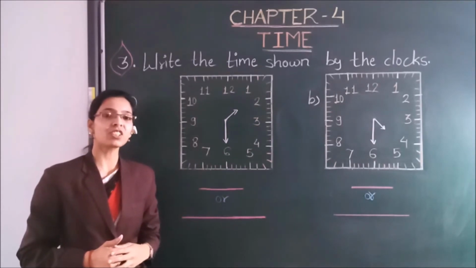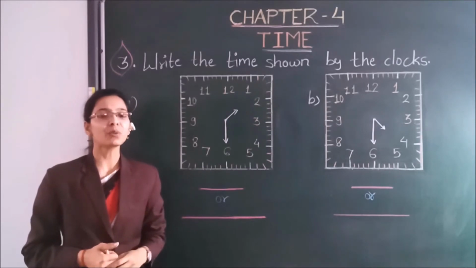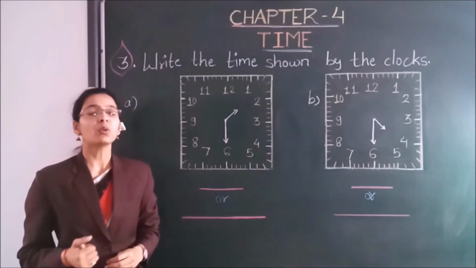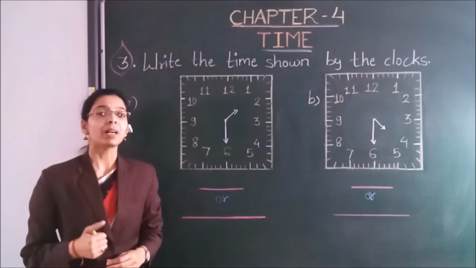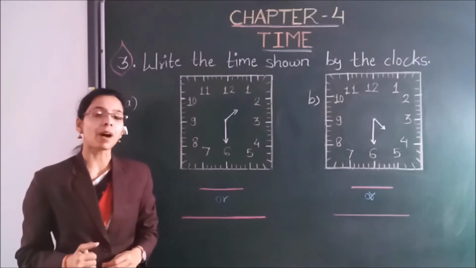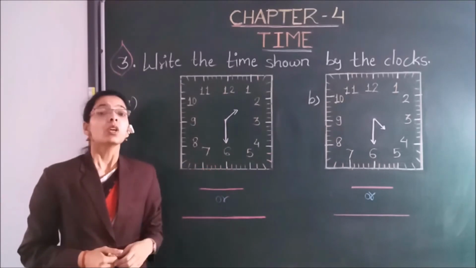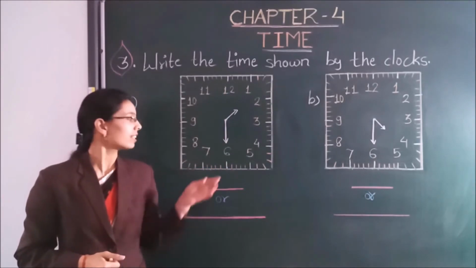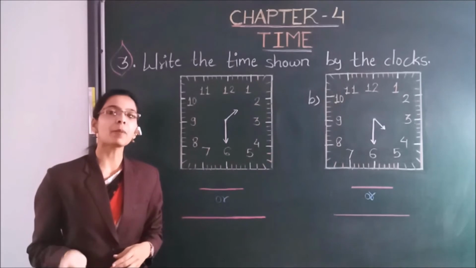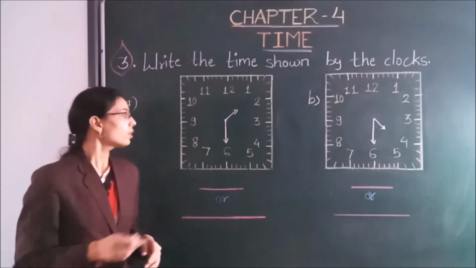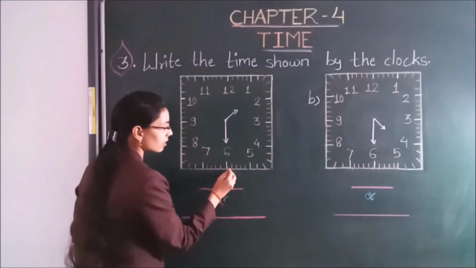What have we studied, children? How do we calculate minutes? We calculate the minutes by multiplying the number at the markings by 5. So which number is here? 6. So we will multiply by 5. So 6 5s are 30.